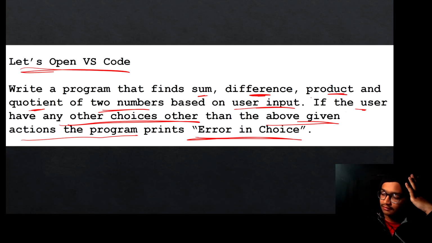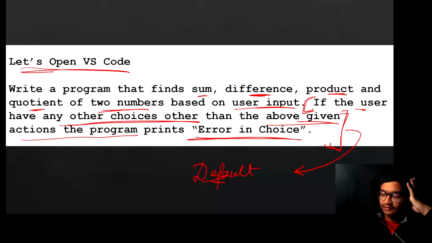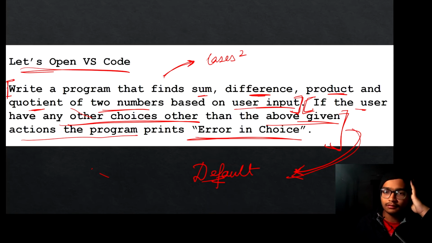So this last part is speaking of the default block, right? And the above part is saying about the cases. Okay, this one is saying about the cases, and this part is saying about the default block. So let's see in our VS Code how we implement this.